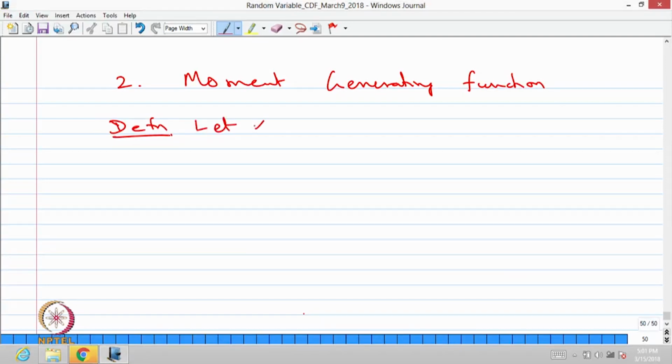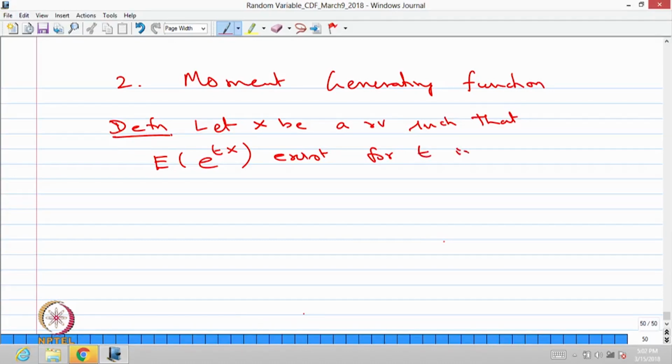Let X be a random variable such that the expectation of e power t x exists for t in some interval including 0.